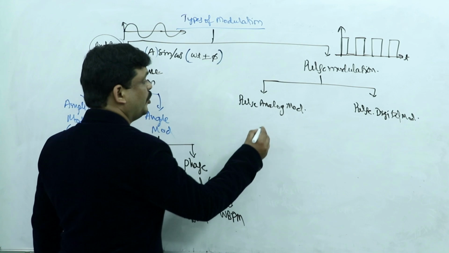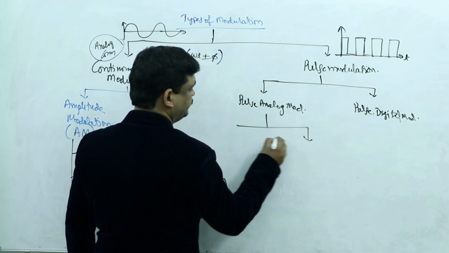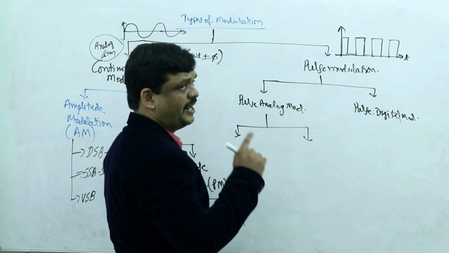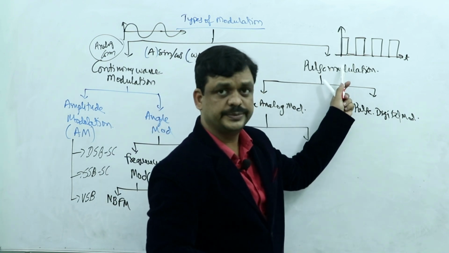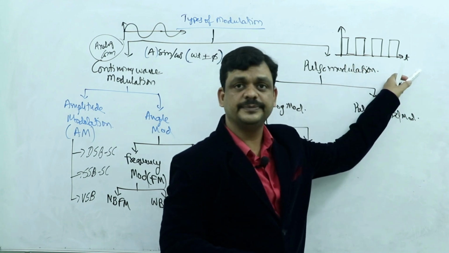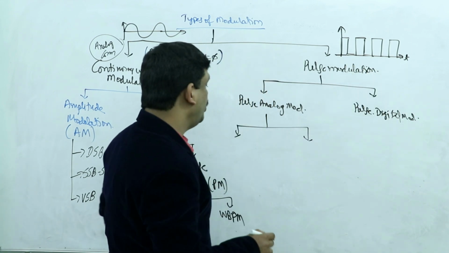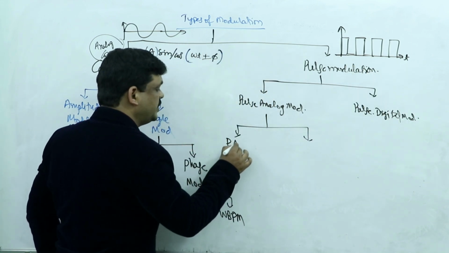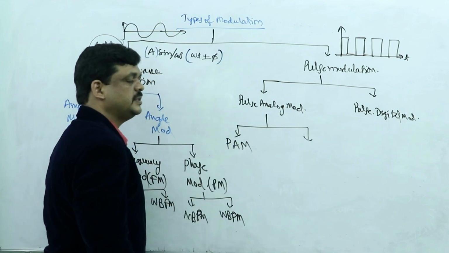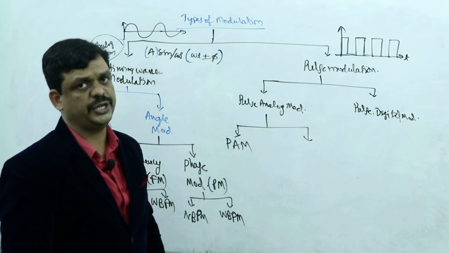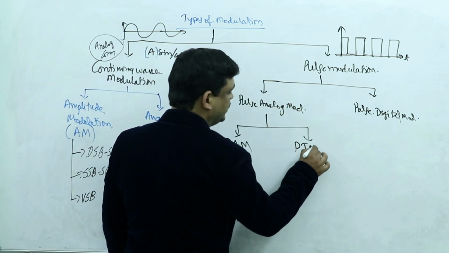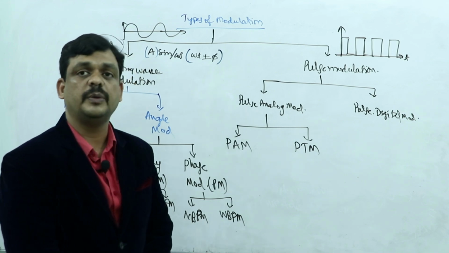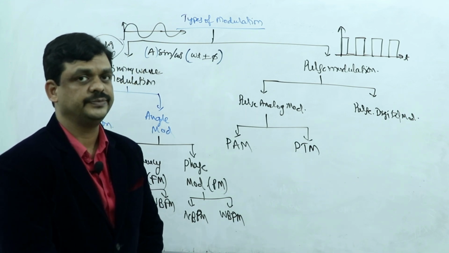So pulse analog modulation is again classified into two types. If you consider the signal as an analog signal, then internally two parameters are there. One parameter is amplitude, another parameter is time. If the amplitude of the carrier signal changes, then the modulation process is called pulse amplitude modulation. If the time of the carrier signal changes, then the modulation process is called pulse time modulation.